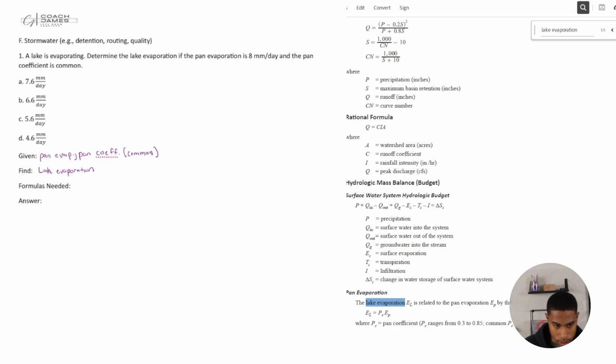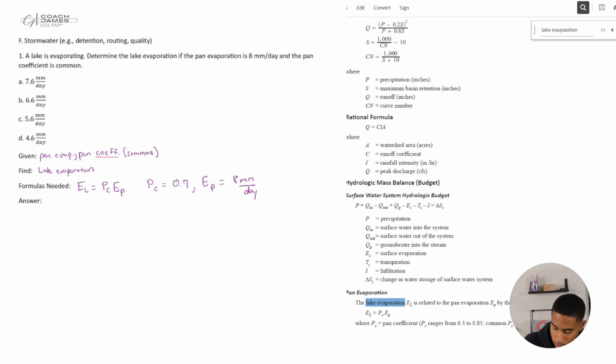So we are going to say, formula needed, EL is equal to PC times EP. PC, what's the value of PC? Well, it's equal to 0.7. And then what's the value of EP? EP is going to be 8 millimeters per day.